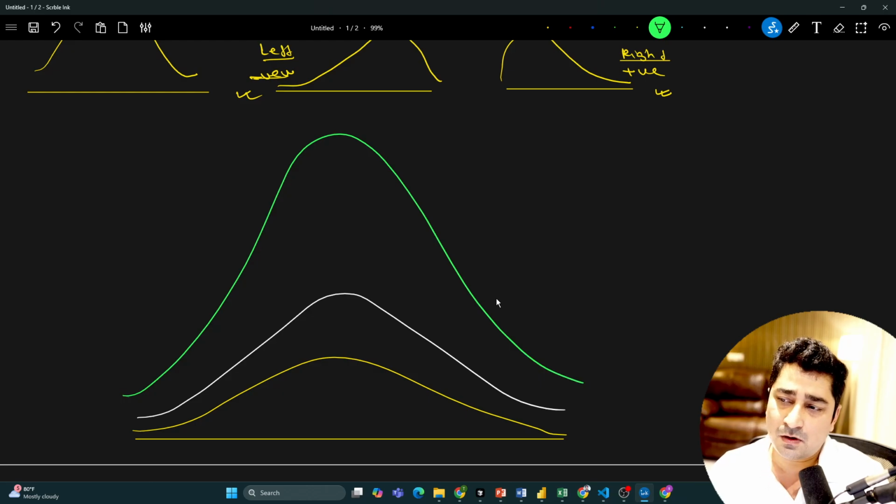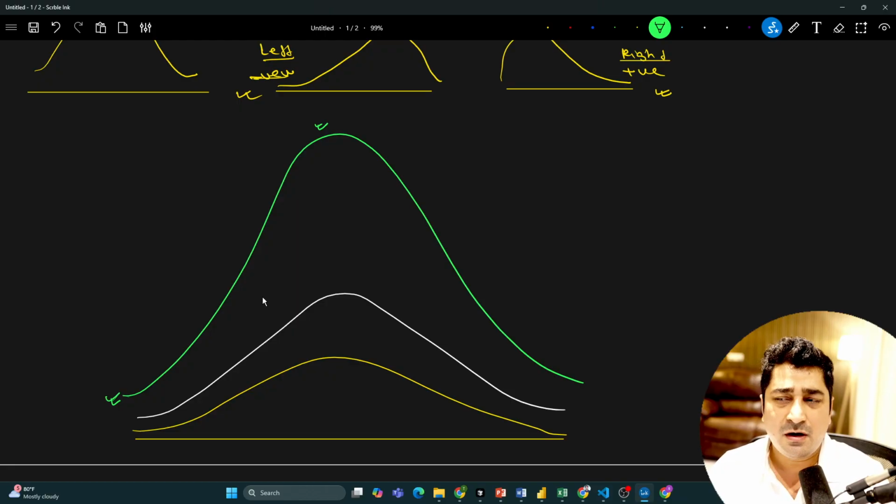All these curves look basically like a normal distribution curve, right? Now, I told you that kurtosis is never going to talk about the direction of the skewness. But what kurtosis is going to talk about is the shape of the tail and the peak of the distribution.